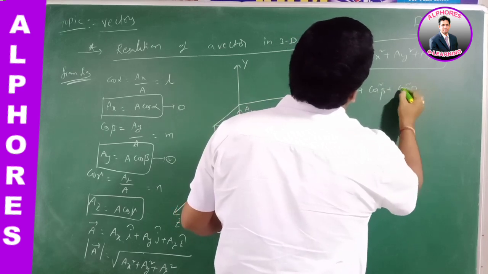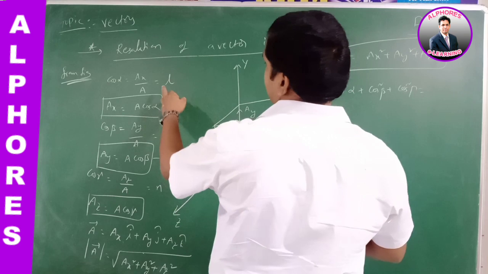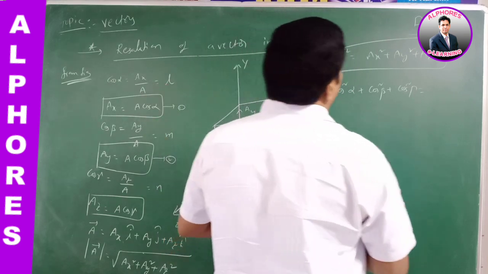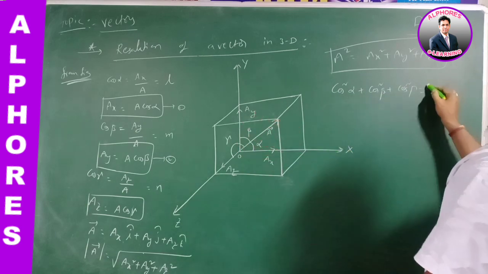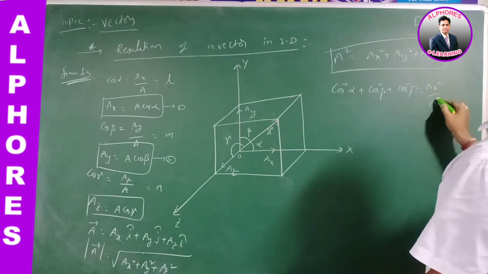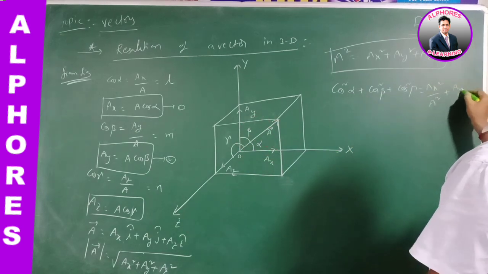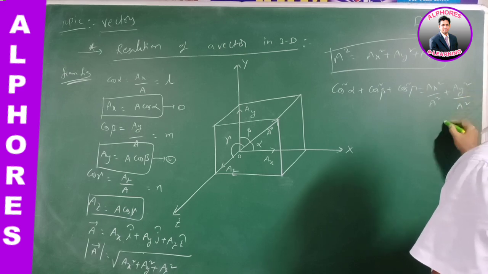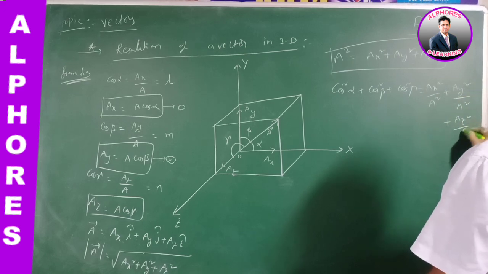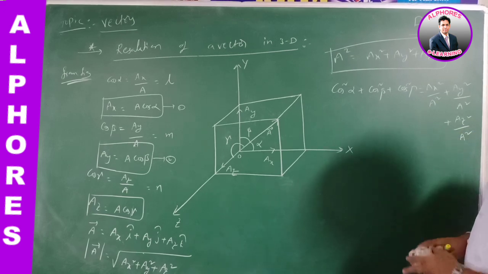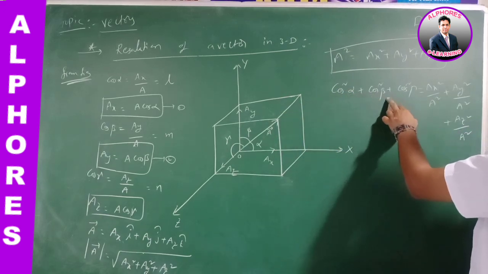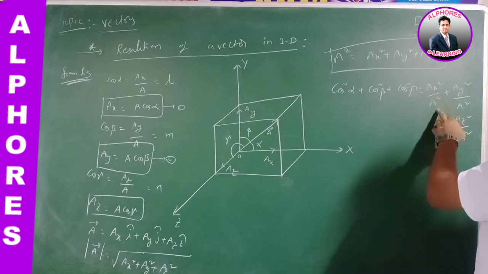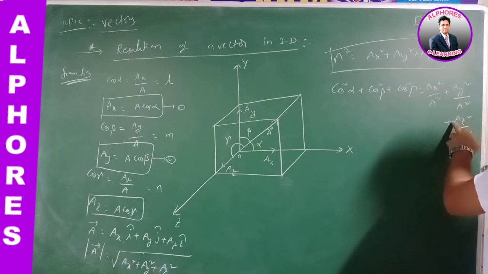Cos square alpha means ax square by a square, plus ay square by a square, and the third term is az square by a square. So cos square alpha plus cos square beta plus cos square gamma is equal to ax square by a square plus ay square by a square plus az square by a square.